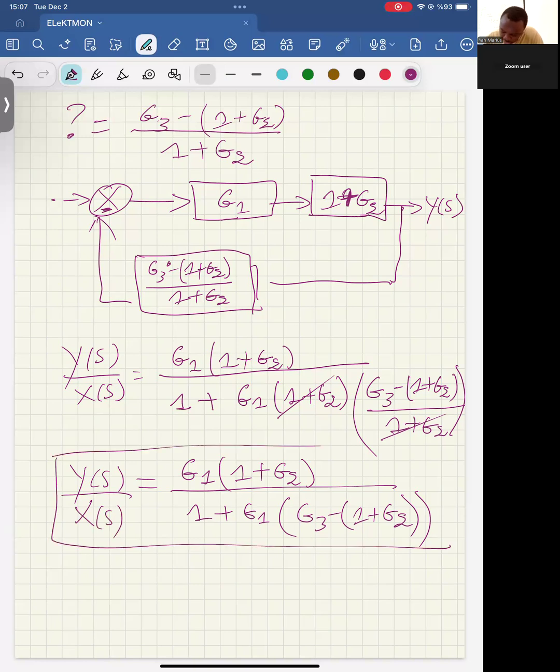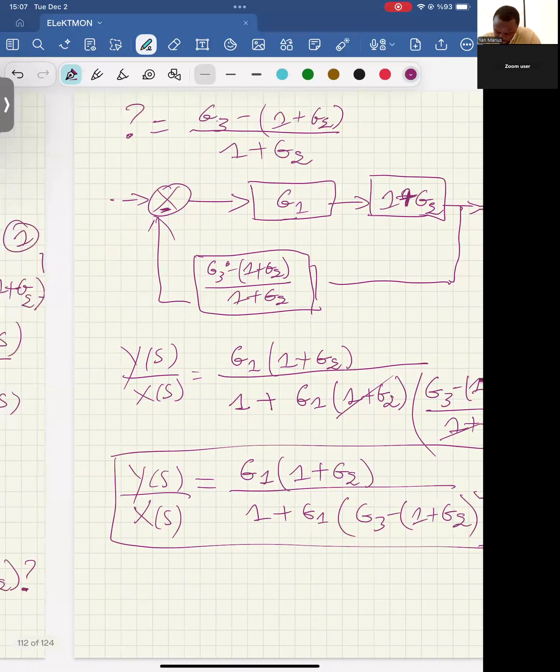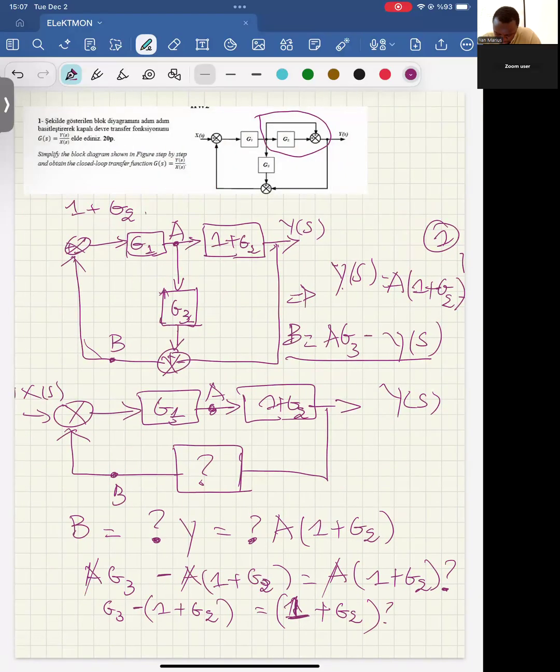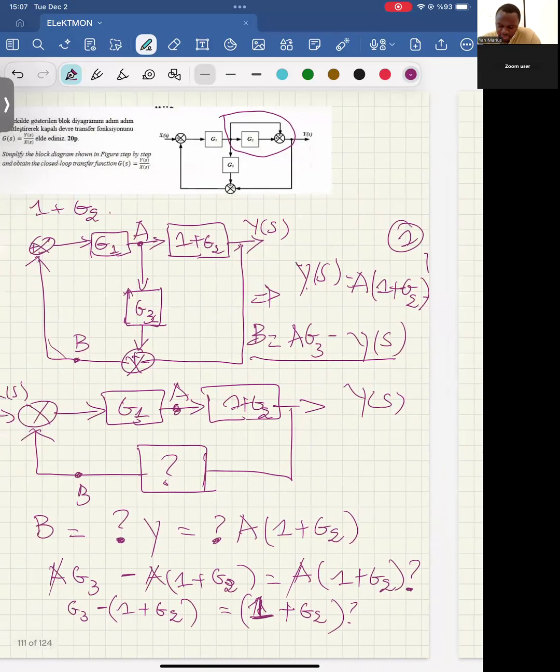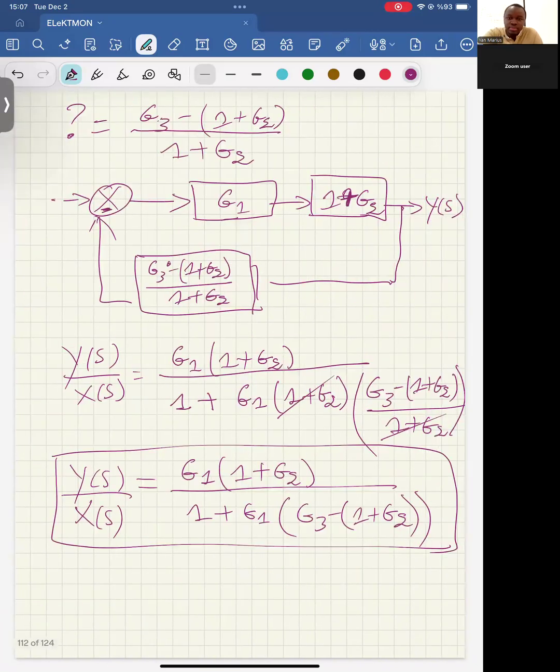And we got our final transfer function. So let me check here if we made any mistake. Okay, I think it's done. That's the first exercise.